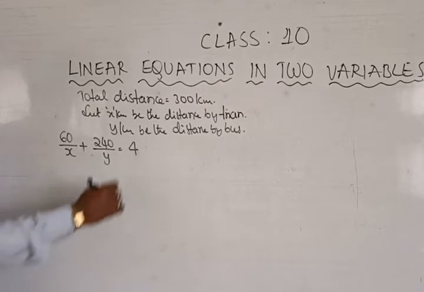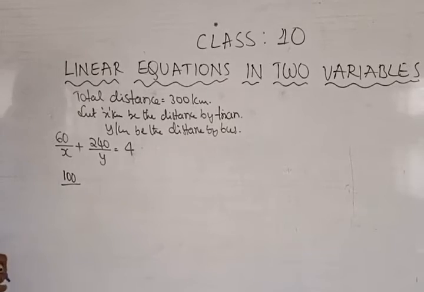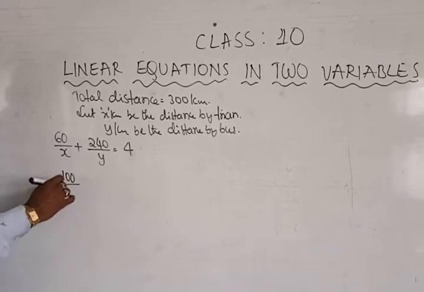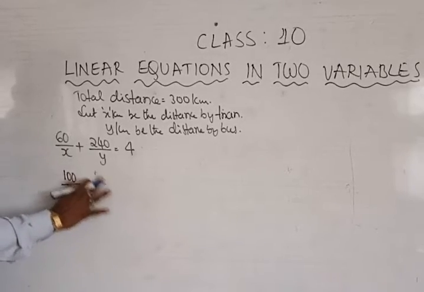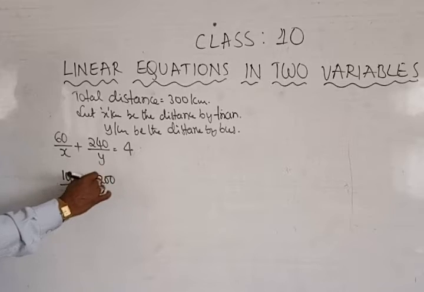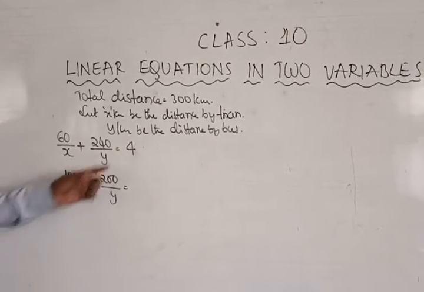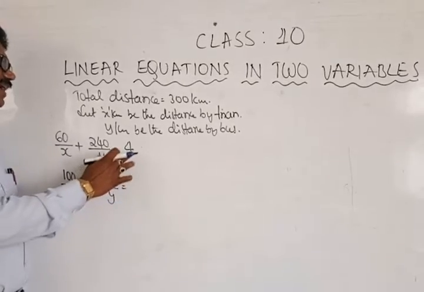Next one, 100 kilometers by train, that is x, plus the remaining will be 200 divided by y equal to 4 hours 10 minutes, increased by 1.